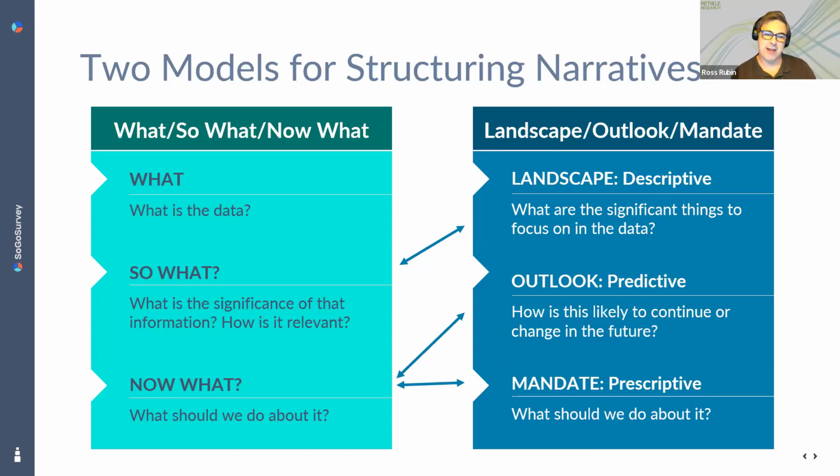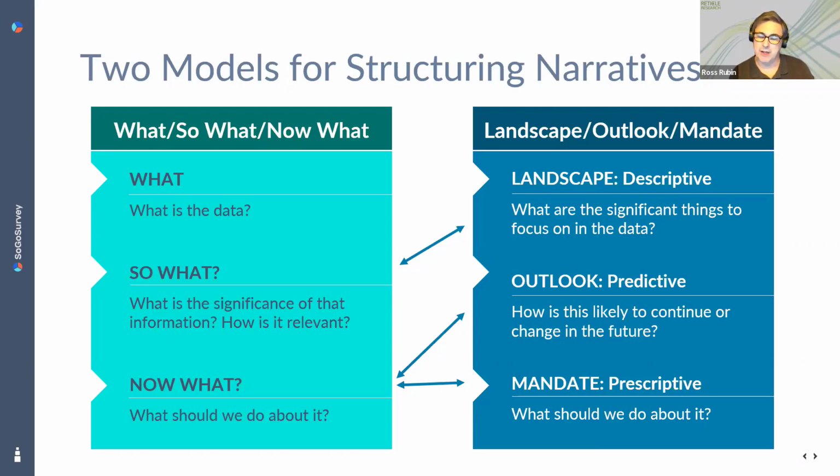It's a roll-up of the what and the so what, right? Very often, there's not a lot of time to talk about the what. As we were discussing earlier, because people's attention is limited, you're going to want to jump right to the so what. Here's what's significant that we found in the data. Don't tell me everything you found in the data, but let's start off by talking about what is significant.